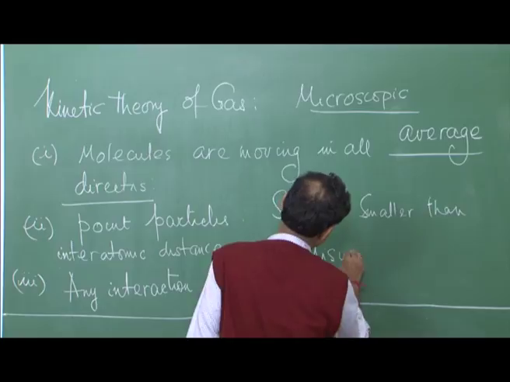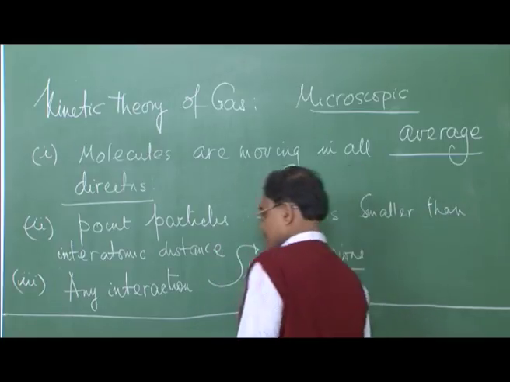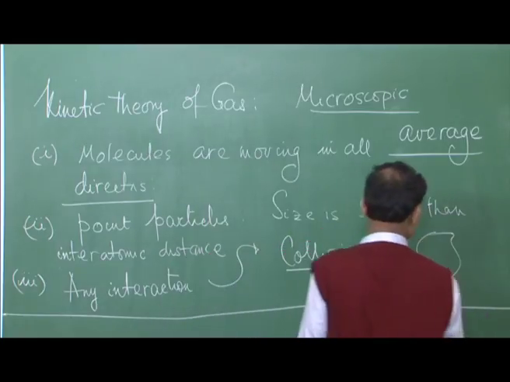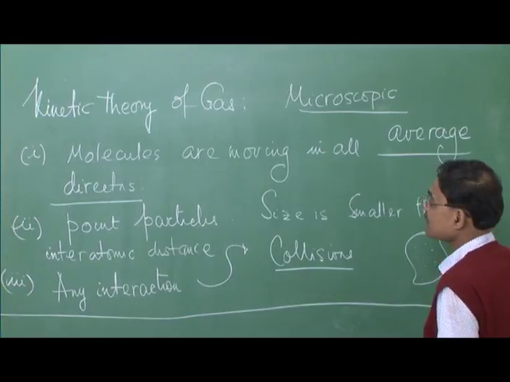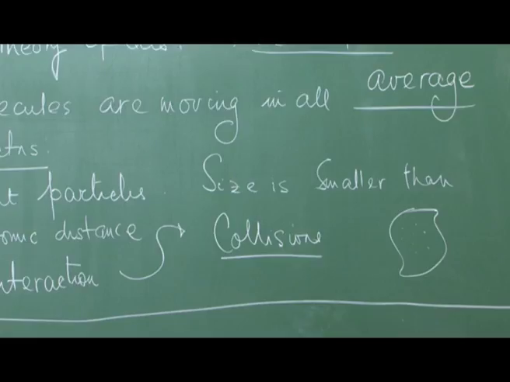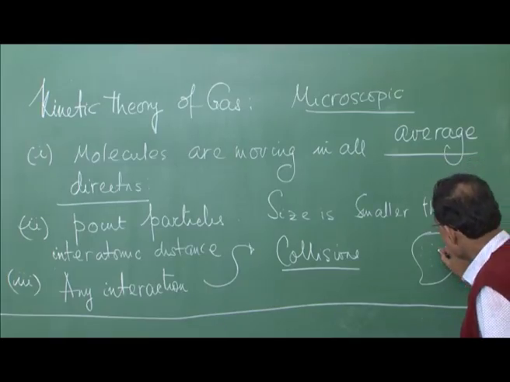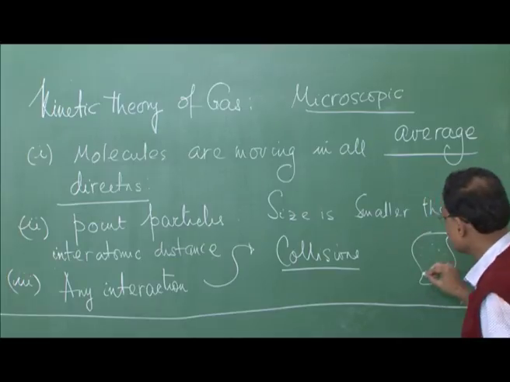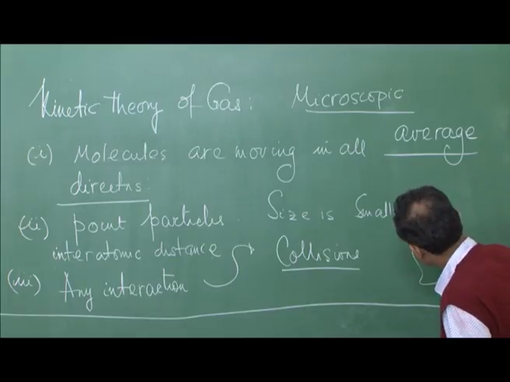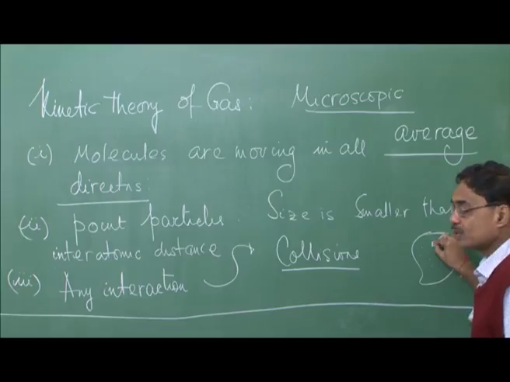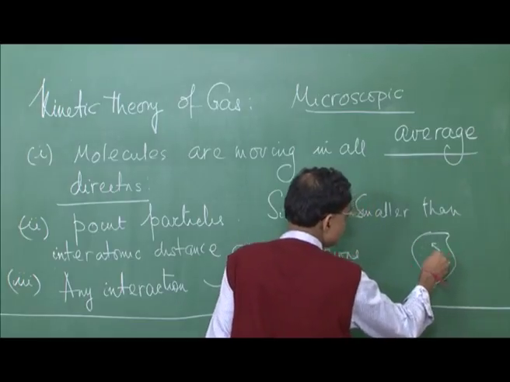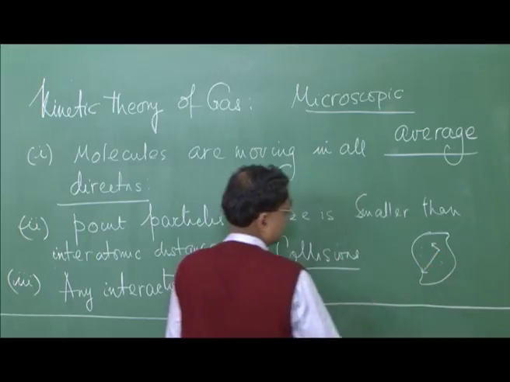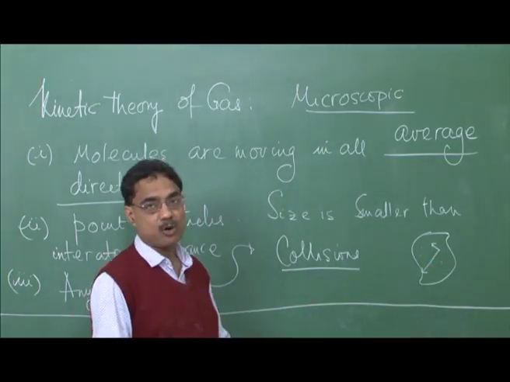So, these gas molecules are kept in a container in which they are moving in all random directions, and they can exchange energy only through collisions, collisions between two molecules, this molecule colliding with that molecule, or they can collide with the wall of the container. This is something very, very important.